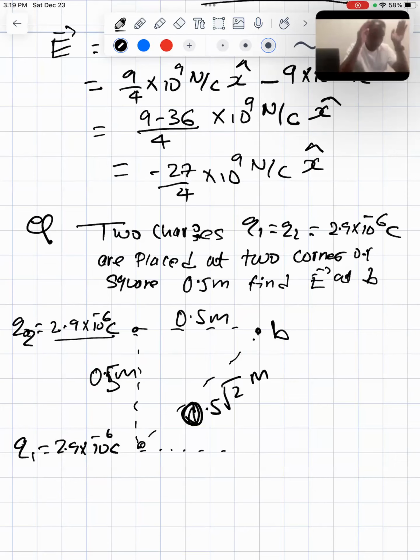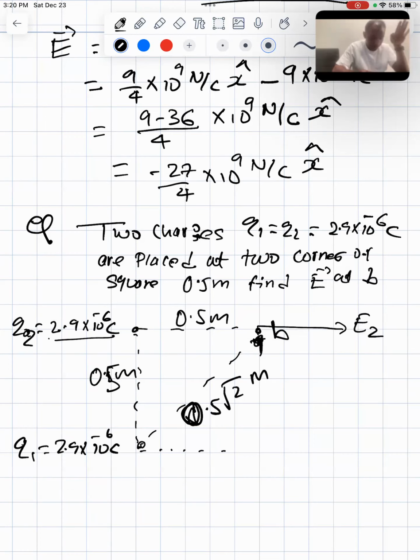So we have two charges. Each charge creates electric field at point B. To find the direction of the electric field from the two charges, put a positive test charge at B. Because my test charge is positive, Q2 is going to push my positive test charge towards the right.